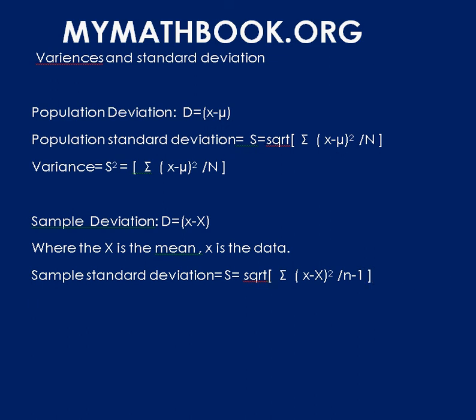And then for the sample variance, you're just going to square the S to take away the square root.